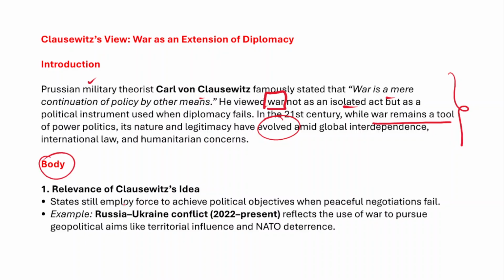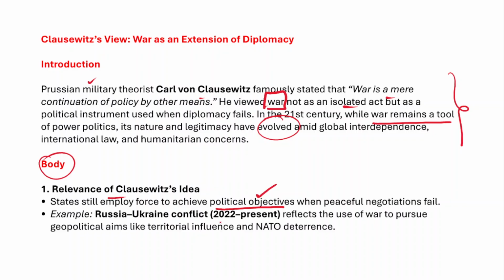Now, first understand the relevance of Clausewitz's idea. So what exactly is the relevance of Clausewitz's idea? States still employ force to achieve political objectives, because war is still used as a political tool. So whenever diplomacy fails, war comes in to achieve the political ends of the states.